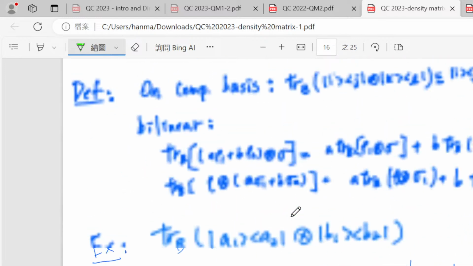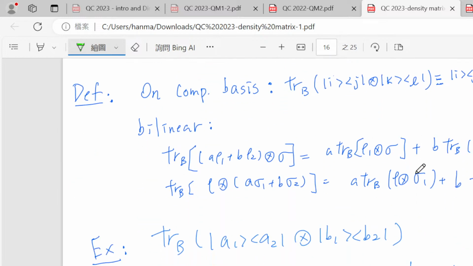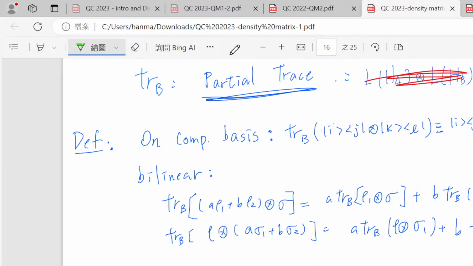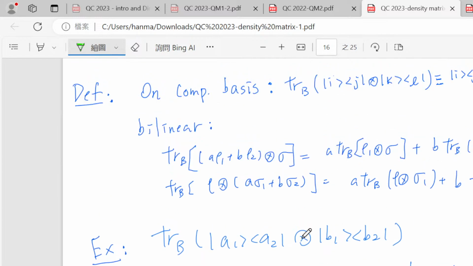An example is the computational basis, where you just get a delta. Then you can extend this. This is a product state, but you can extend it to all possible states by knowing that the partial trace is linear: for a linear combination, the partial trace is the linear combination of the partial traces.